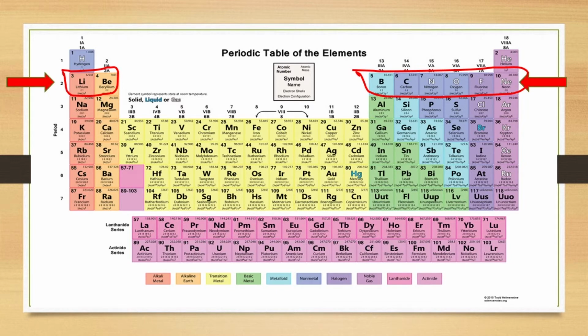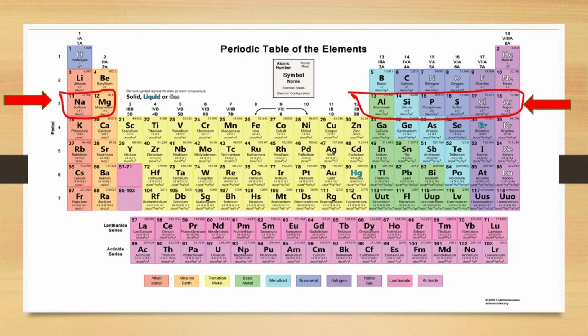Now let me read the names of the elements. Okay children. Lithium, beryllium, boron, carbon, nitrogen, oxygen, fluorine, neon. Now see the third period. This third period contains 8 elements, from sodium to argon.